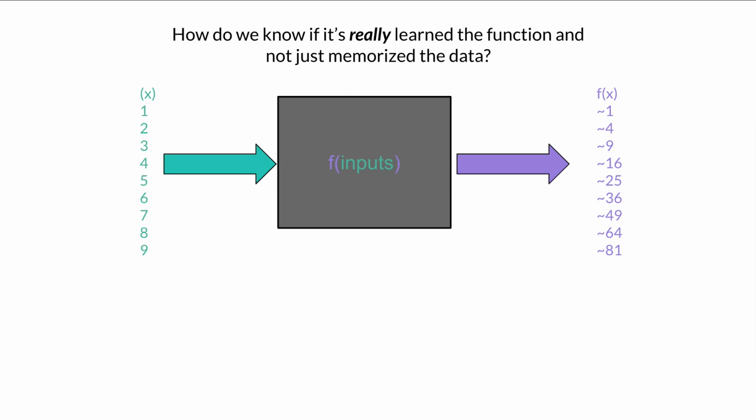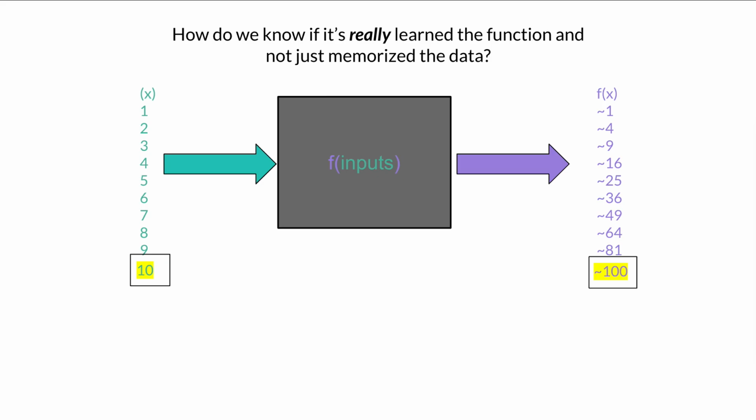Well, we could take a new input that it hasn't seen before, so it's not in the sample, so therefore we call this out of sample data, and then we could see, okay, what happens when we feed that in. Now, if it had memorized the answers, it wouldn't know what to do with 10, and it would just produce some maybe wildly off guess. But if it did indeed produce the square of 10, 100, then we might suppose that the network really has learned the underlying function.